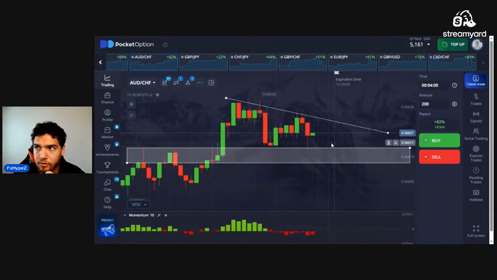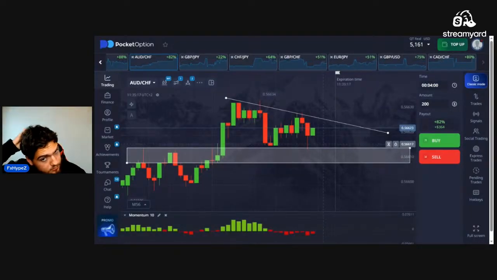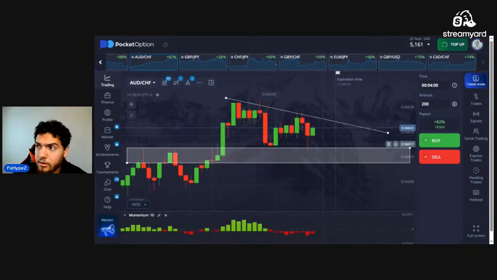But it all depends on what price does here. Yeah, a lot of the CHF pairs are bullish at the moment, so that's why I'm pretty confident with this one.